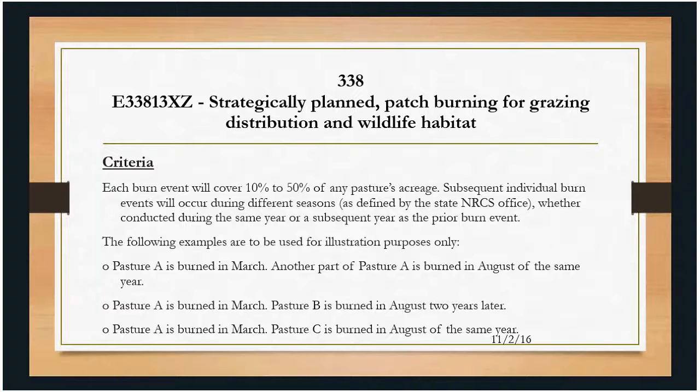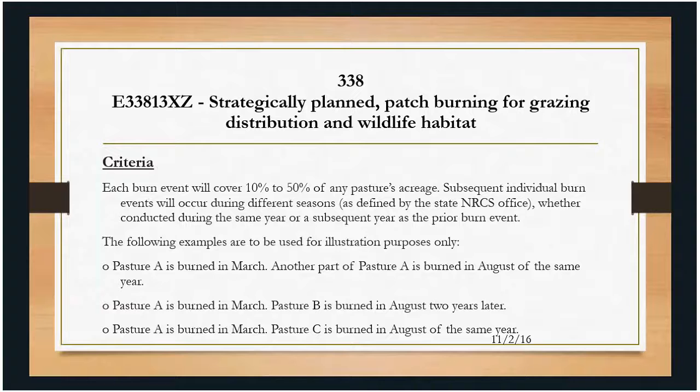So you're going to have a burned and an unburned part in that pasture. So what that's doing is creating edge and different vegetation composition, different vegetation structure, and basically variety of environment in that pasture. It's going to affect grazing distribution and livestock use, and supposedly this variety enhances wildlife habitat.